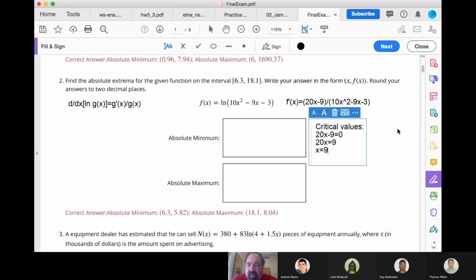So x is 9 over 20, that'd be 0.45. Now, here's a common mistake. You get a critical value and think, oh, okay, I'll just substitute that into the function along with these endpoints. Well, no, you don't. Not in this case, because this x value is not in the interval. So it will not be considered.